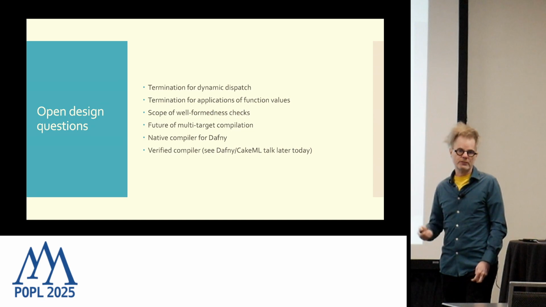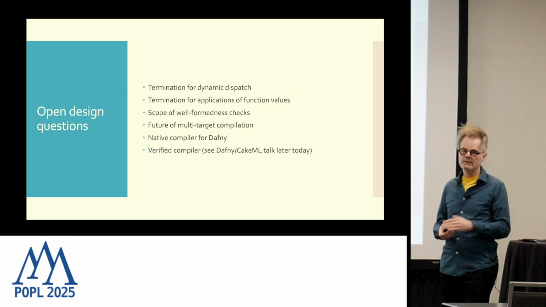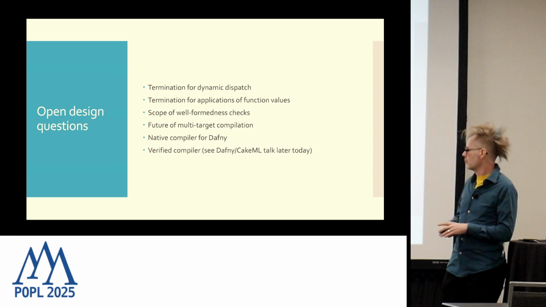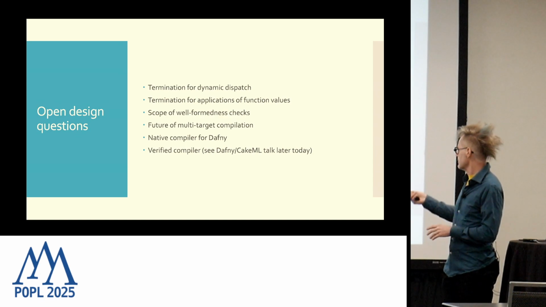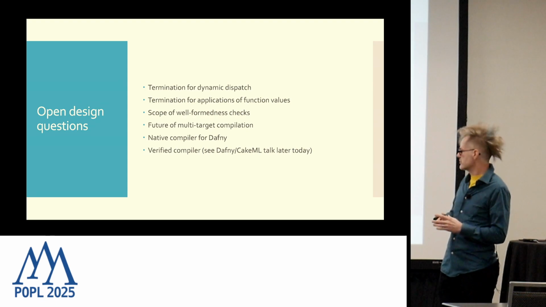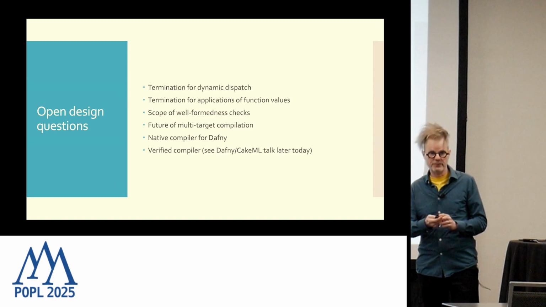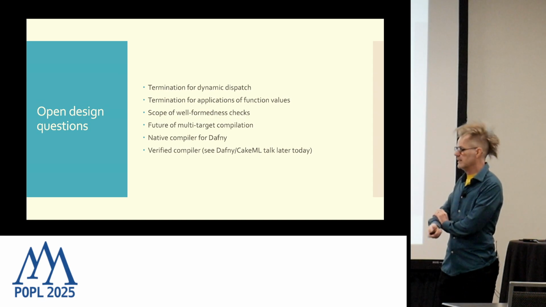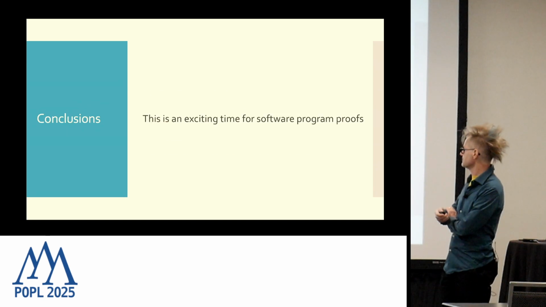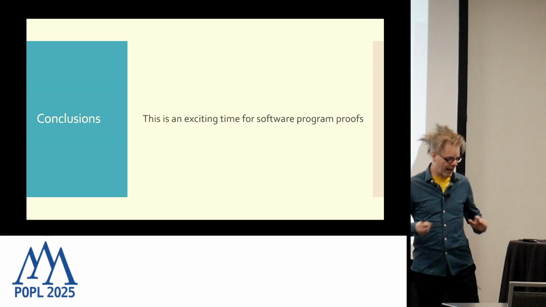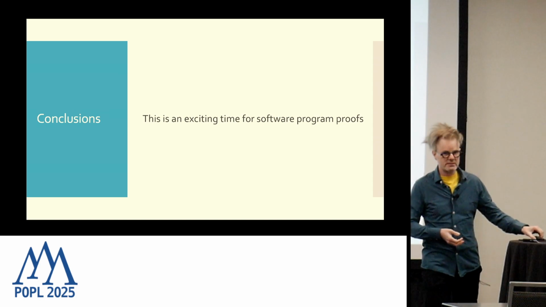And of course, we'd like to verify the compiler. This is something that we've made small steps towards for a long time, and now there's an effort at Chalmers to use CakeML as part of that mix to try to get to verify part of the compiler. Okay, so I went through lots of laundry lists of lots of things.